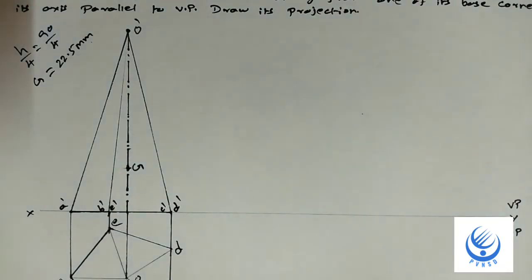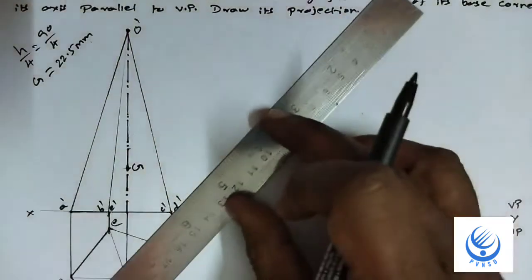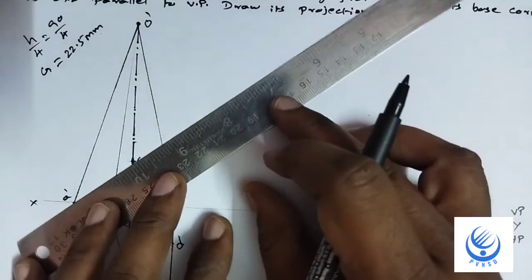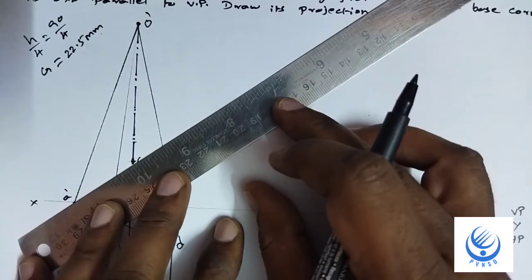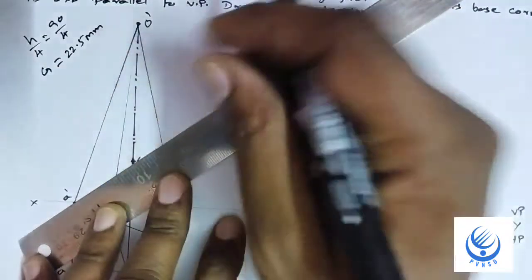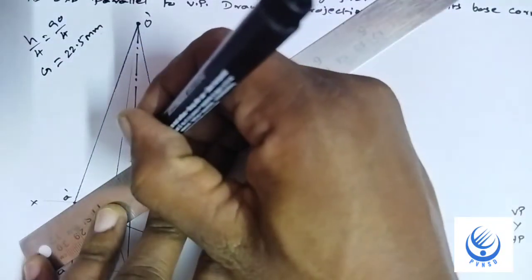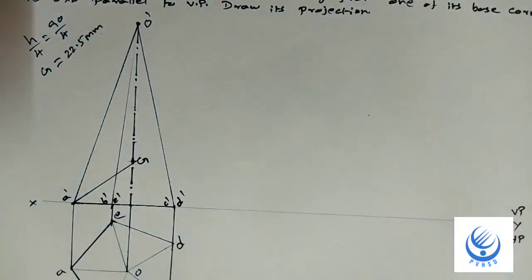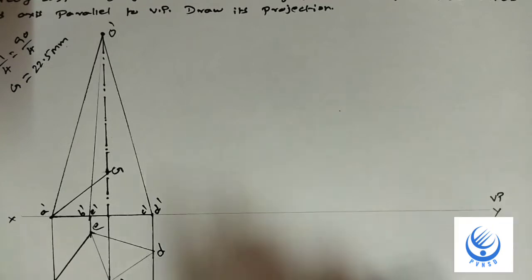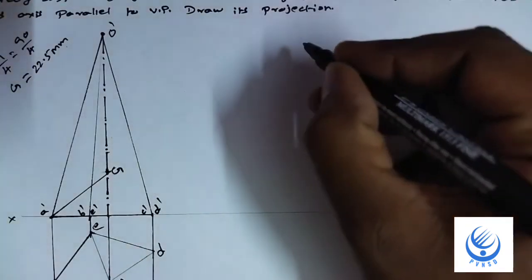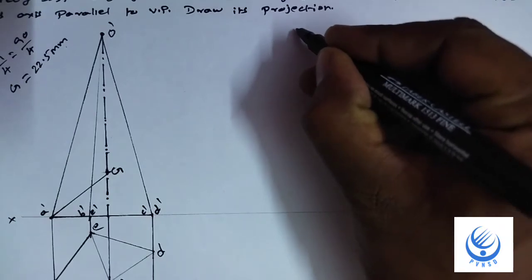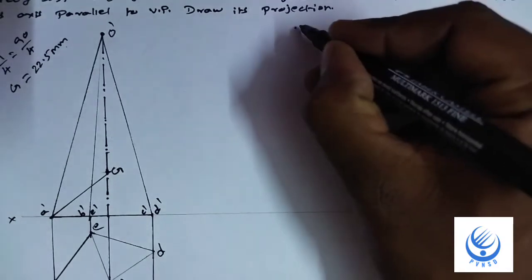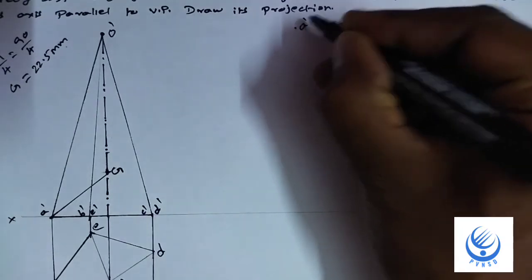This letter G. Next, join this point to the corner side. A is a corner, so join G to A. Then the second stage is done, and next is the third stage. To mark any point, this letter A dash.